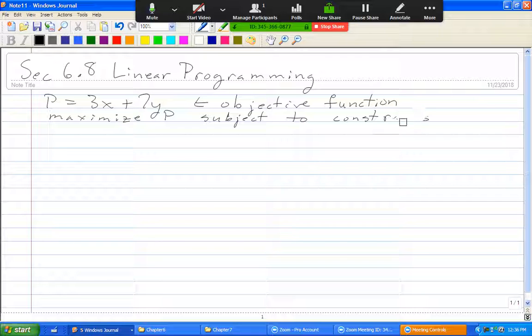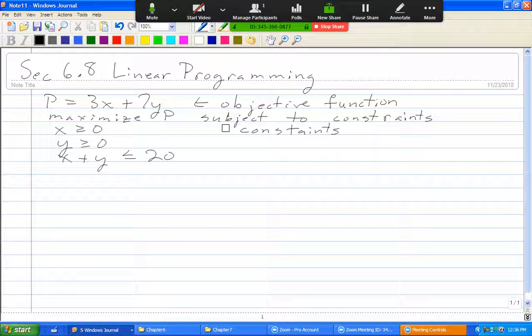So your constraints will be something like x is greater than 0, y greater than 0, and who knows, x plus y less than 20 or something.